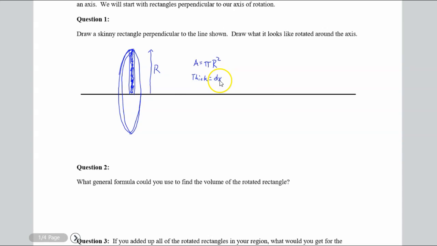So we'll think of that as a dx, or possibly, if it was rotated 90 degrees, a dy. So that's going to be the volume of a slice: pi r squared dx, or if it calls for it, dy.